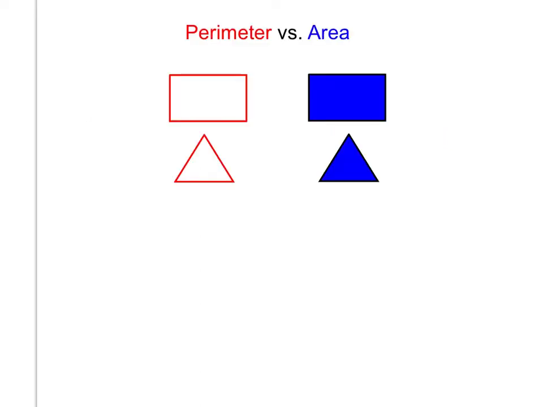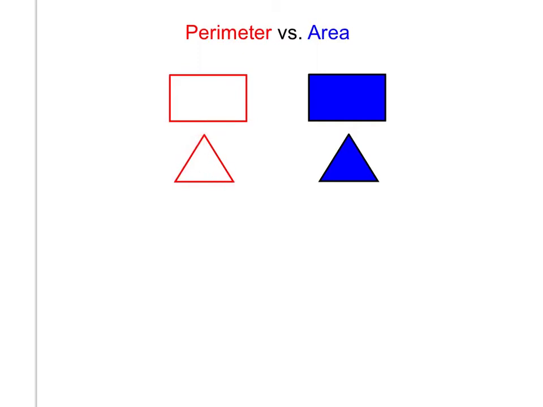Okay, first thing we have to do before we can do examples of perimeter and area is remember what perimeter and area are. So I've given you just a nice little visual here. I've highlighted perimeter in red. The perimeter of this rectangle is highlighted in red, and the perimeter of the triangle is highlighted in red.